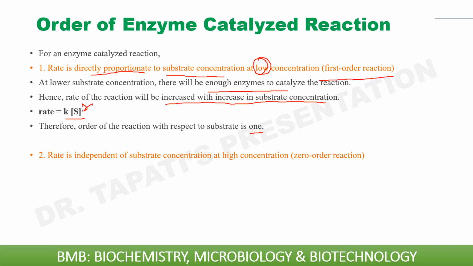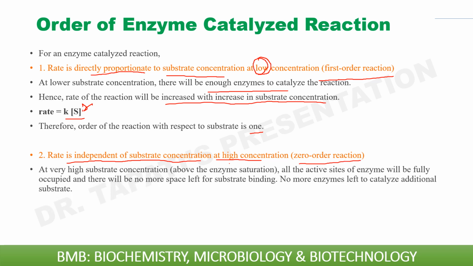When substrate concentration is very high, at that time rate is independent of substrate concentration. At that time it will be a zero order reaction because it is independent of substrate concentration. At very high substrate concentration, above the enzyme saturation, all the active sites of enzyme will be fully occupied by the substrate and there will be no more space available for substrate binding.